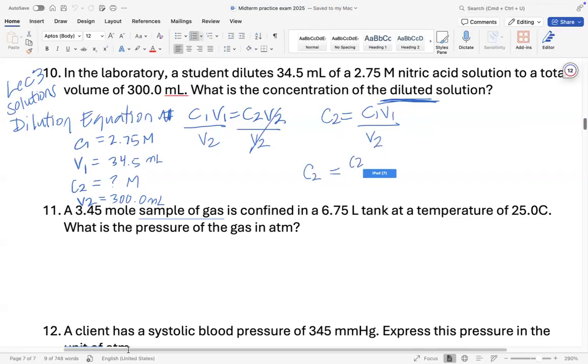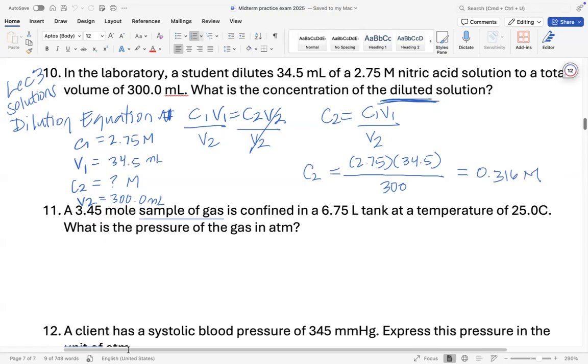So I have 2.75 times 34.5 divided by 300. All right, so 2.75 times 34.5 divided by 300 into the calculator equals 0.316 big M.